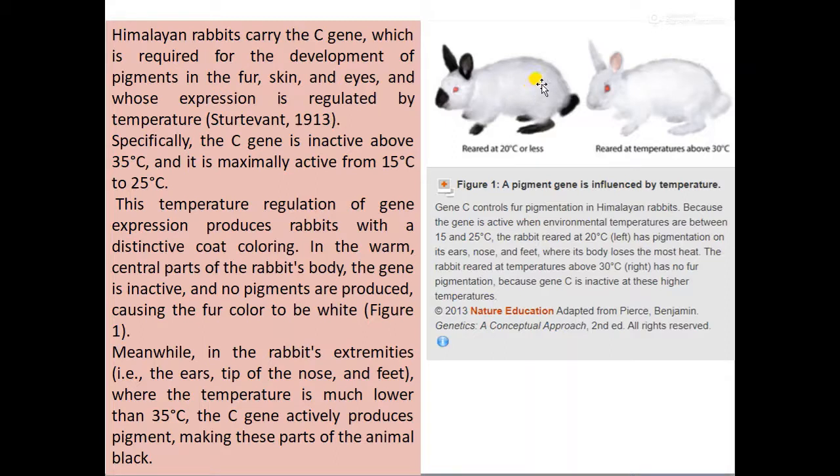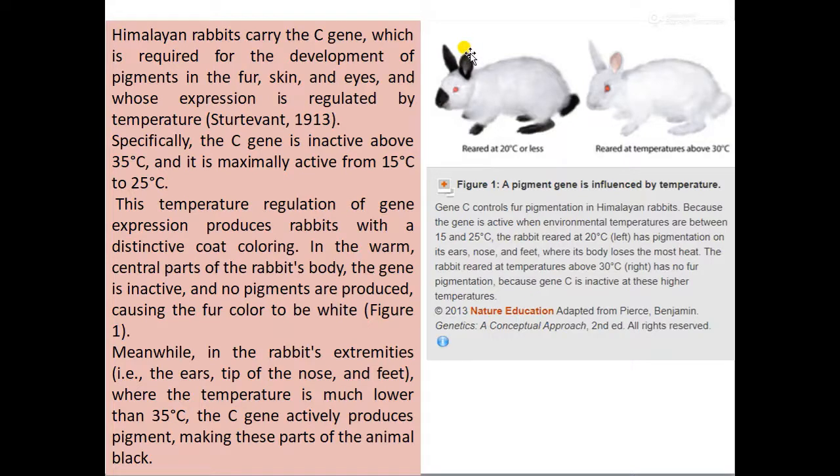So at the middle portion, not the extremities, the metabolism rate is higher, and as a result the heat generation would happen, and thus, in those regions where the white fur is found, the C gene is getting inactivated.